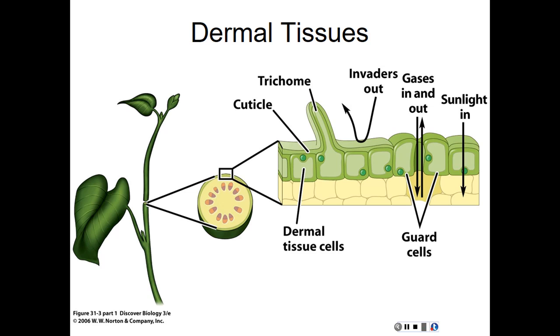Now, if we're talking about a non-woody plant, which means that it doesn't have wood, the dermal tissue system is made of one tissue called the epidermis, which is a layer of tightly packed cells covered by a waxy layer called the cuticle. That helps keep too much water loss from happening and also is protective.